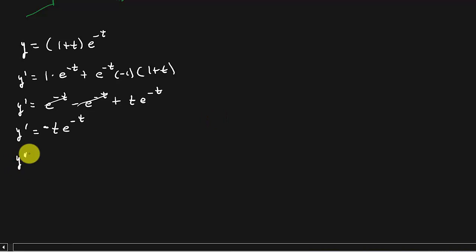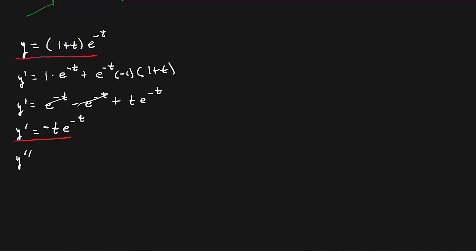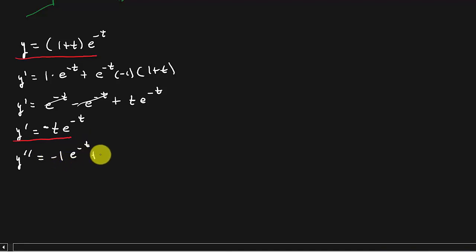This is going to be product rule again. And I think what I'm going to do is underline the ones that I'm going to be evaluating, because I think I'm going to have quite a list here. So this is going to be the derivative of the first times the second plus the derivative of the second times the first, times negative t.